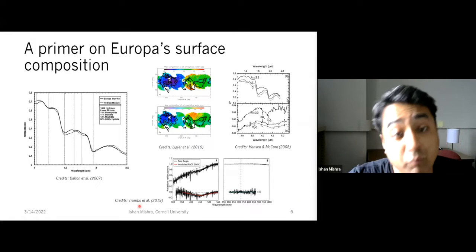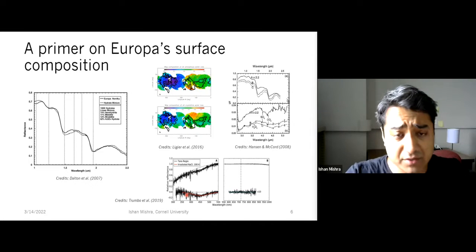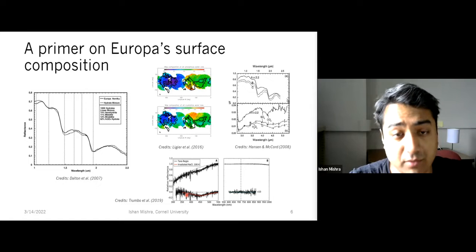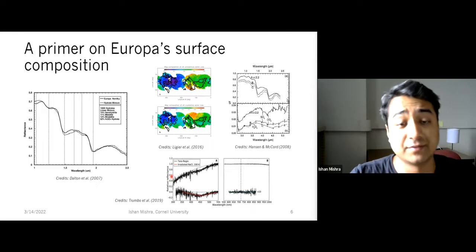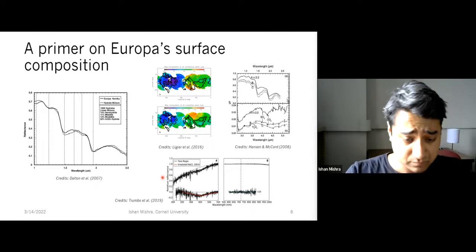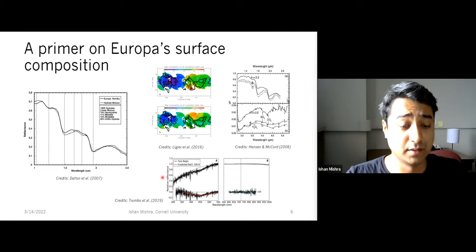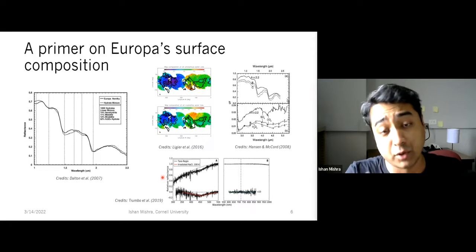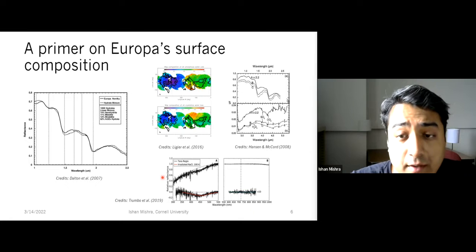And then more recently we found evidence for irradiated sodium chloride, and that is very exciting because it correlates with parts of Europa's surface that you would consider geologically younger, so it could potentially be endogenic.